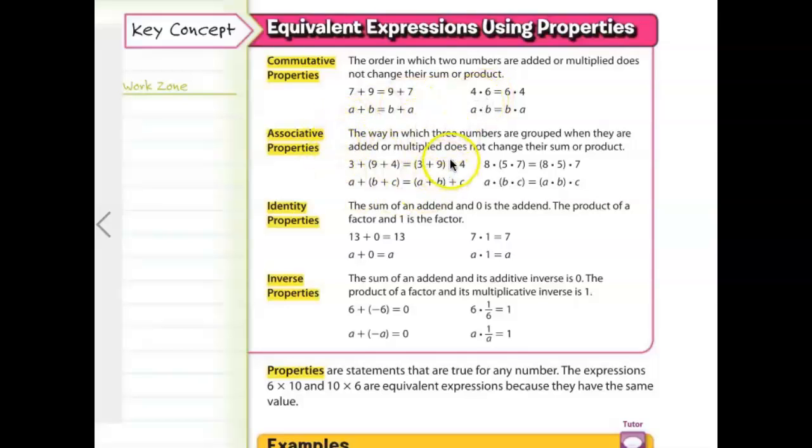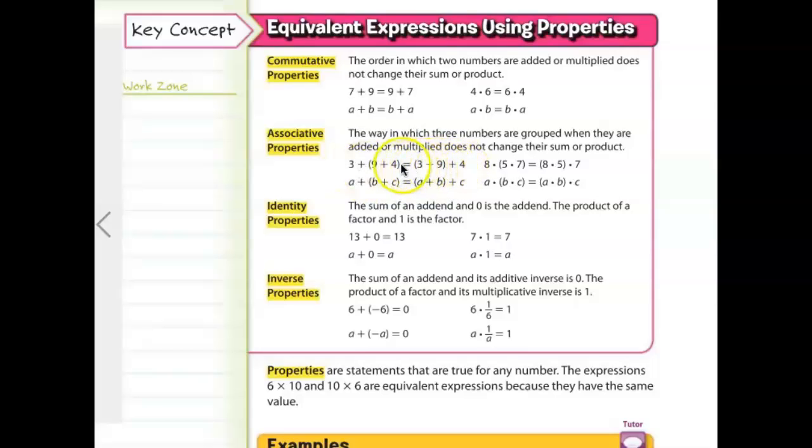Now, the associative property only works for addition and multiplication. The important thing to remember about the associative property, it's not about moving and changing numbers around. It's about doing certain parts of the equation first. It's about grouping. So you're going to see parentheses. So you have 3 plus 9 plus 4, 3 plus 9 plus 4.